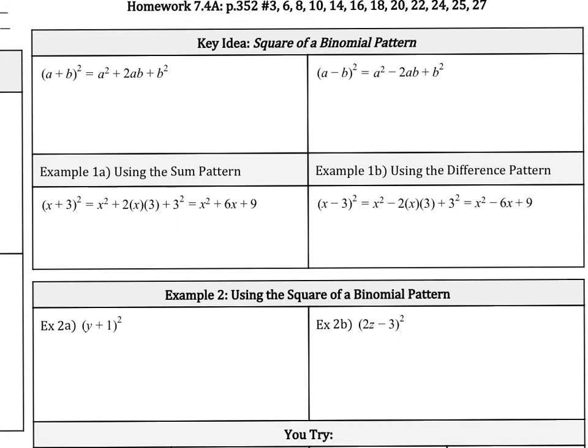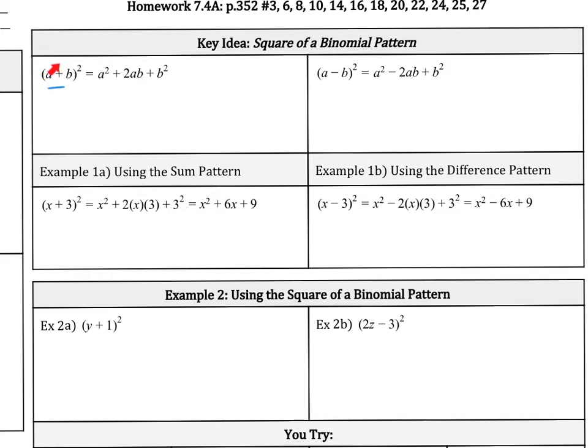The key idea on square of binomial pattern. It's called binomial because it has two terms, the same factor, with a square on top. It means the same factor, a plus b times a plus b.